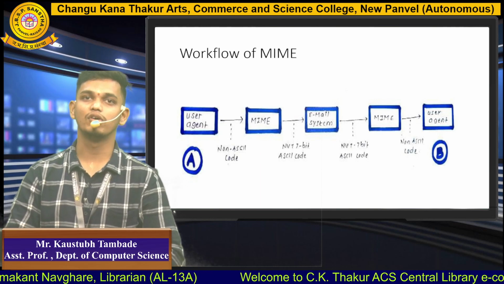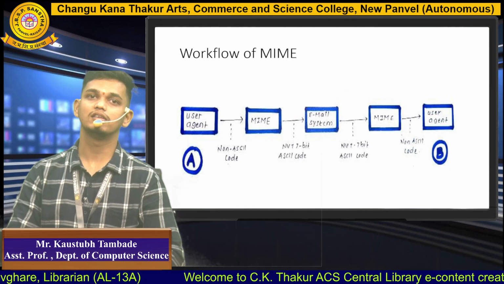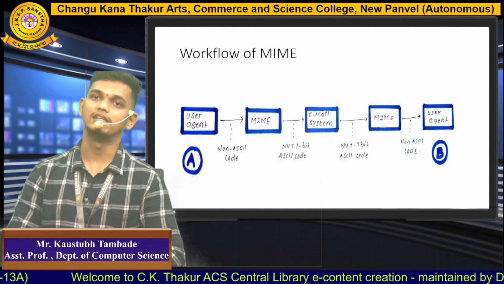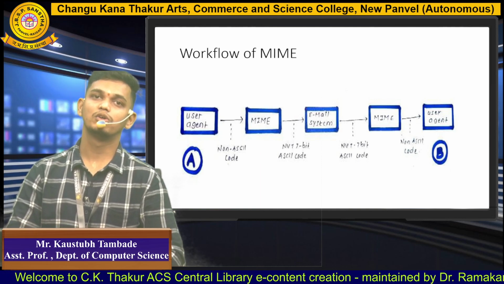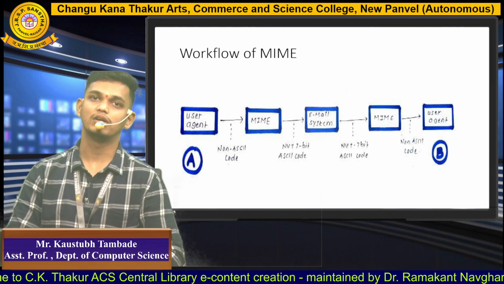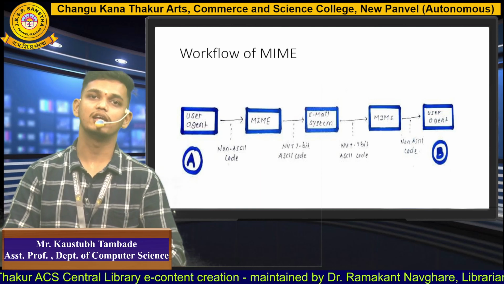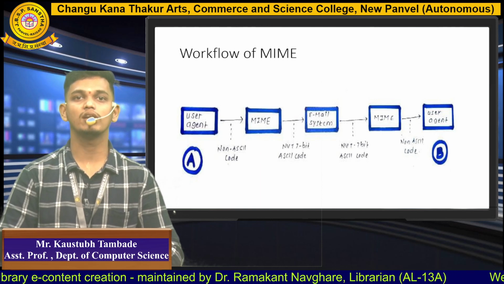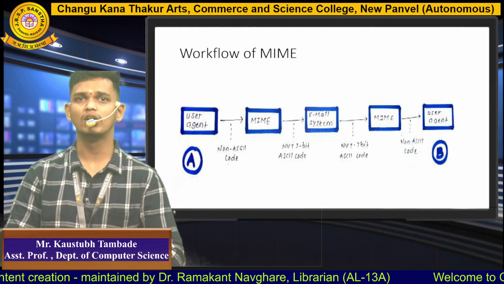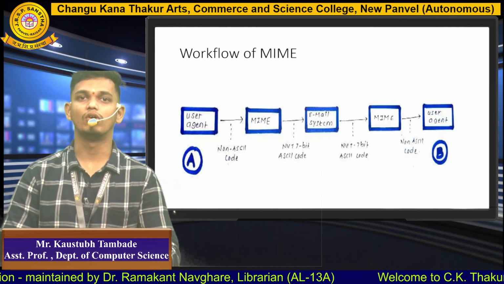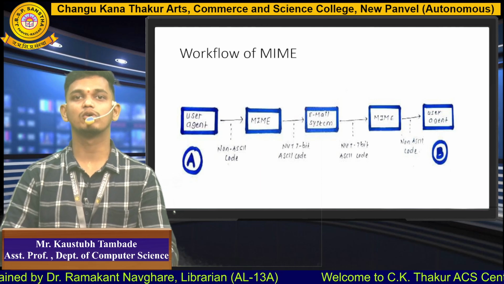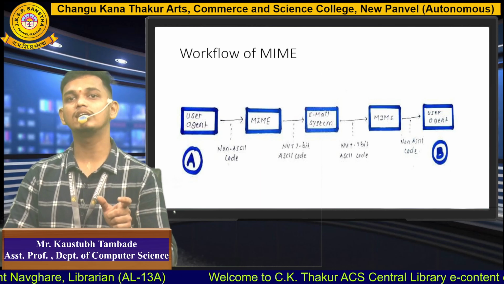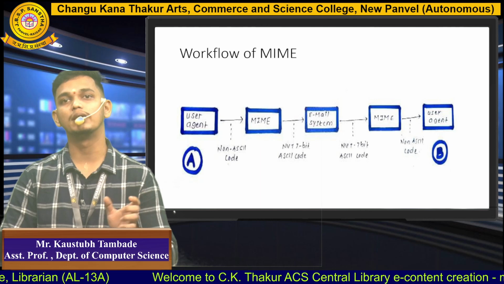Here is a simple workflow of MIME when user agent A sends a mail to user agent B. We are going to send it through MIME, the Multipurpose Internet Mail Extension. When we send audio, video or an image, it is in non-ASCII format. So we send the audio or video in non-ASCII code to MIME, and MIME converts that into NVT ASCII code and sends it to the email system.